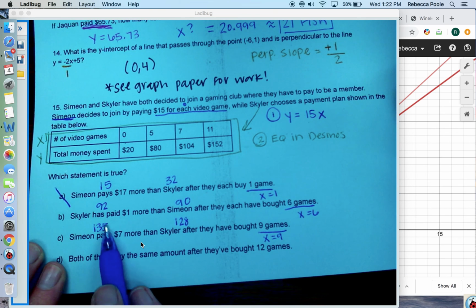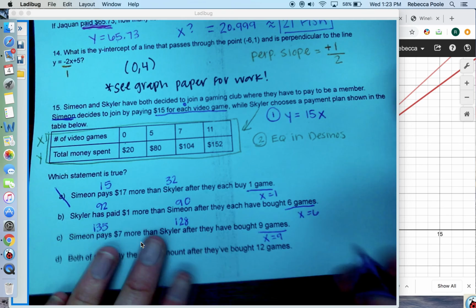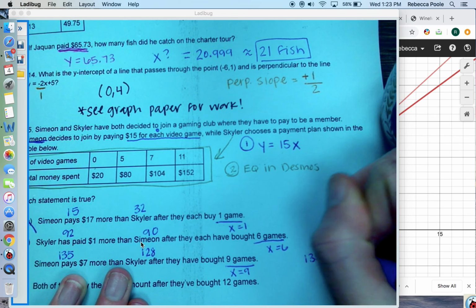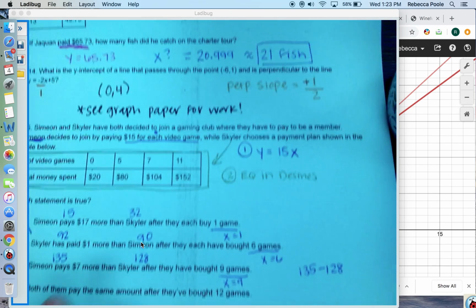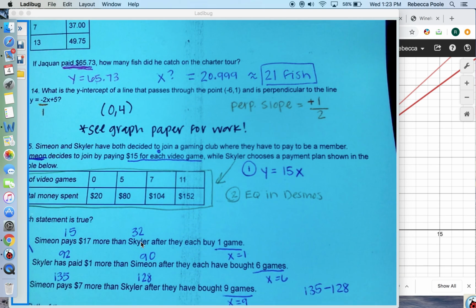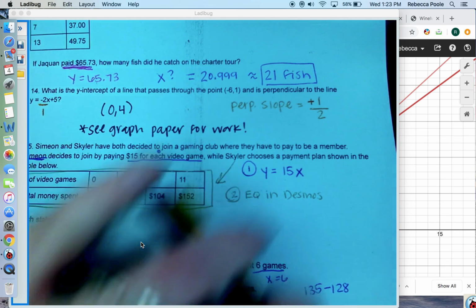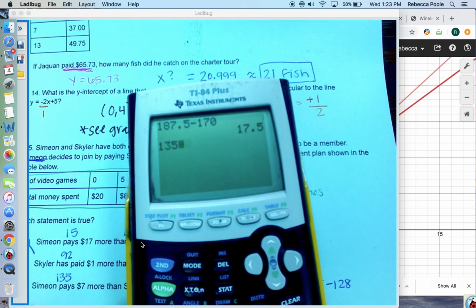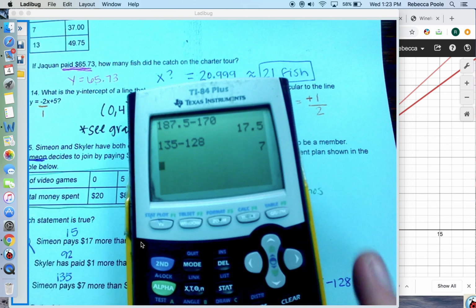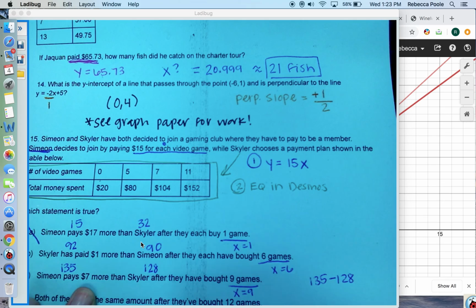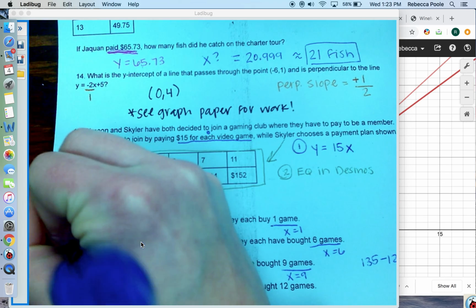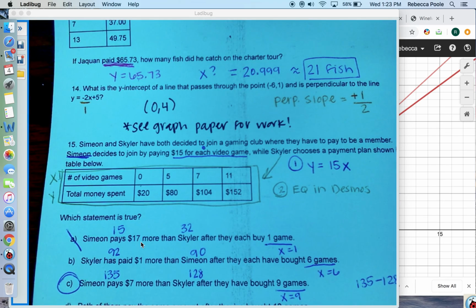Alright, so is 135 7 more than 128? Let's check. If I do 135 minus 128, and remember you do have a calculator on this section, so I'm going to grab my calculator. 135 minus 128, we do get 7. So Simeon did pay 7 more than Skylar when they bought 9 games. So the answer for this one should be C.